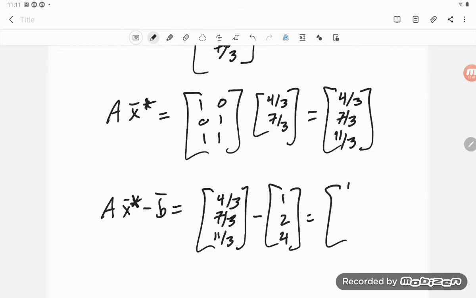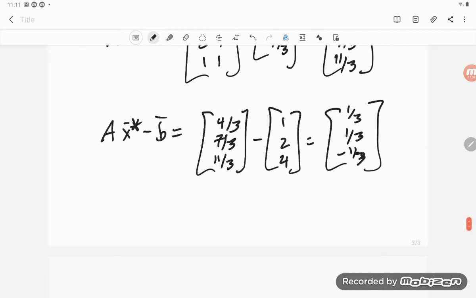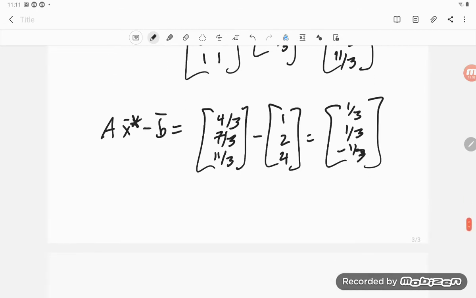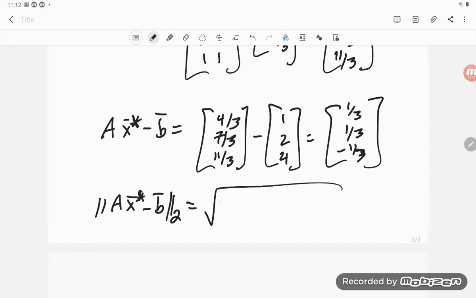I get the vector 1/3, 1/3, and negative 1/3. Okay, and that's as close as I'm going to get in the 2 norm. And so the 2 norm of A x star minus b is equal to the square root of 1/3 squared plus 1/3 squared plus negative 1/3 squared.